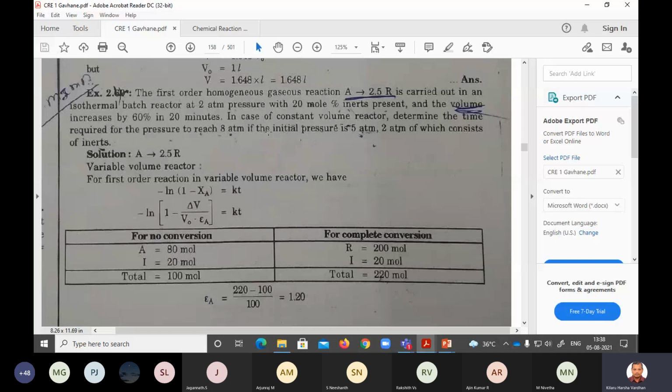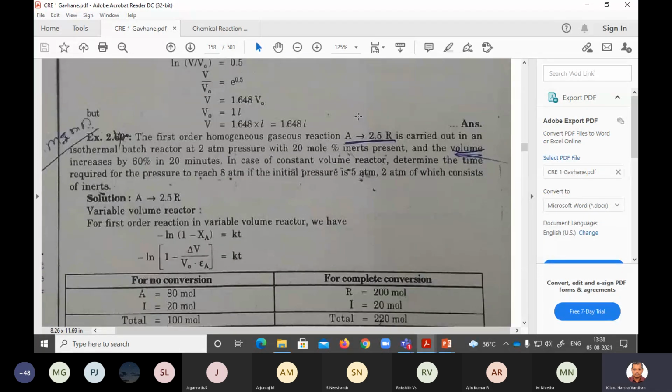So if this reaction is going to be in a constant volume reactor, he is asking how much time is required, right? Can you do this first? What is the expansion coefficient with this particular data? 80% is A present. Please do the expansion factor. How much are you getting?